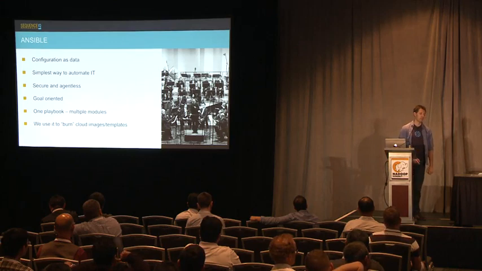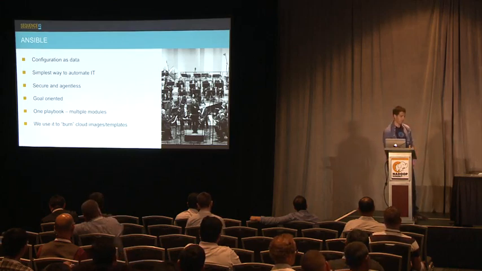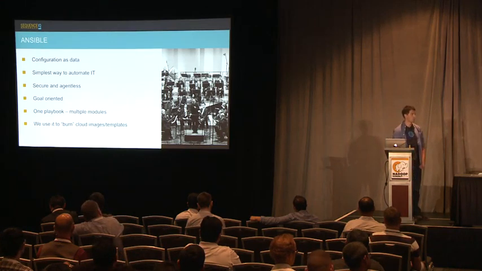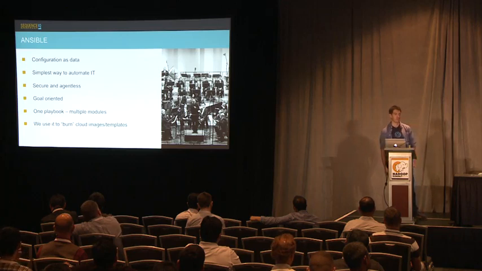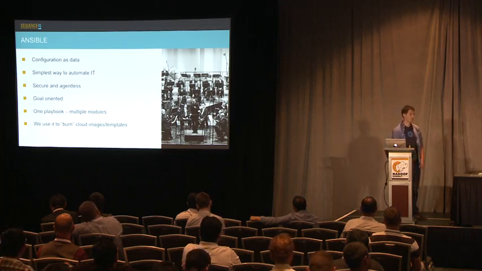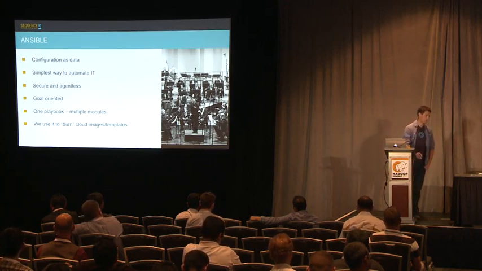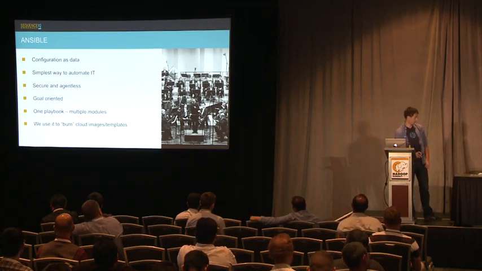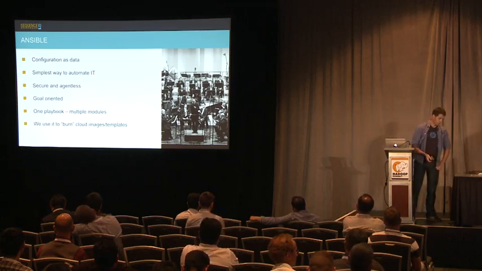In most cases, those modules are already there. We use Ansible to build those cloud images with a Docker container inside. Apart from this, we use Ansible for many things, like the whole CI/CD process within SequenceIQ, but that's a different story.